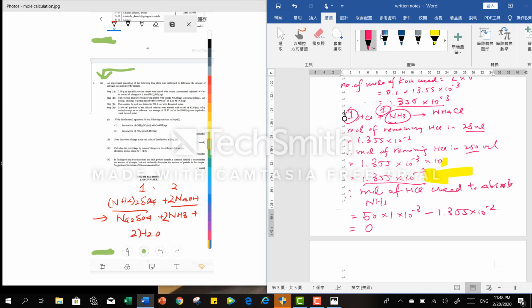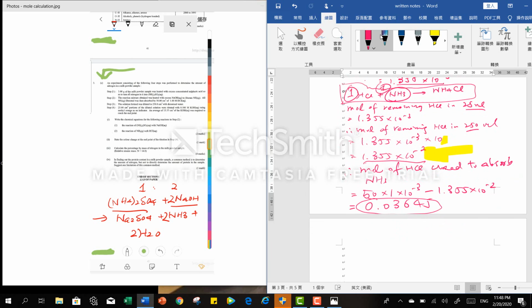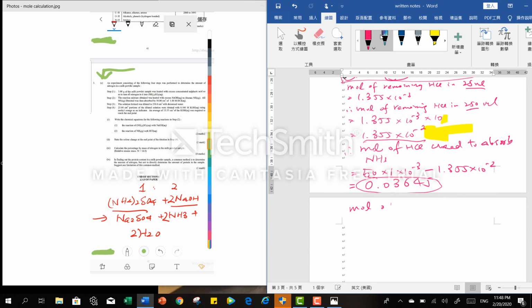So it's this one. Can you follow so far? So which means we have this amount that absorbed the ammonia. And then we have this equation. For 1 HCl, you need 1 ammonia, which means the mole of ammonia liberated will be the same. Are you okay with that?